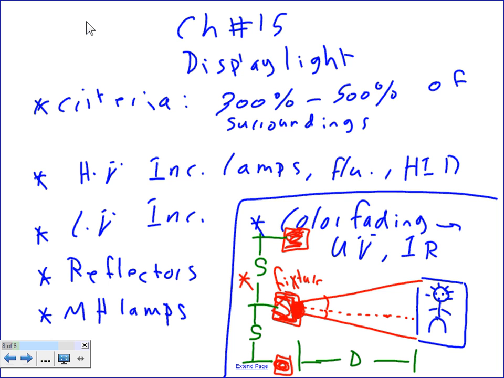When you deal with display light, the most important thing is called criteria. The display light criteria: in order for me to make a Lamborghini stand out, I have to throw 300 to 500 percent more light on it than the surroundings to make it stand out. Cool? So that's basically the rule of display: make things stand out by throwing more light at the merchandise than the surroundings.